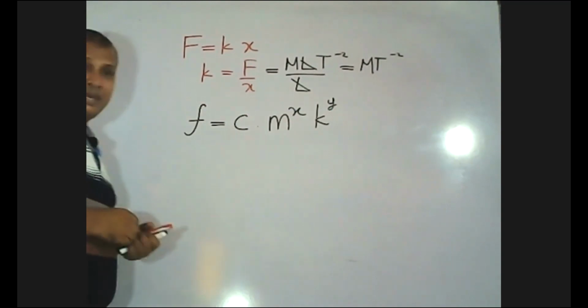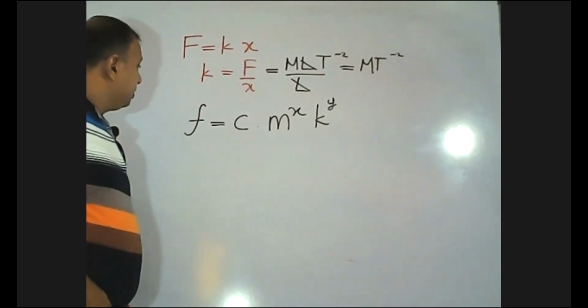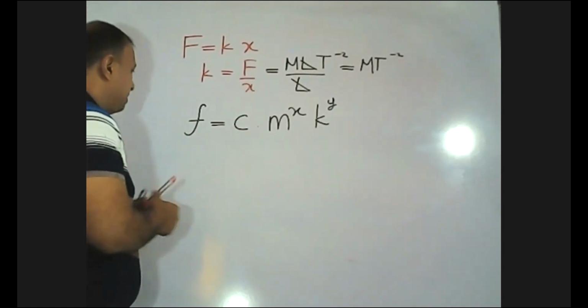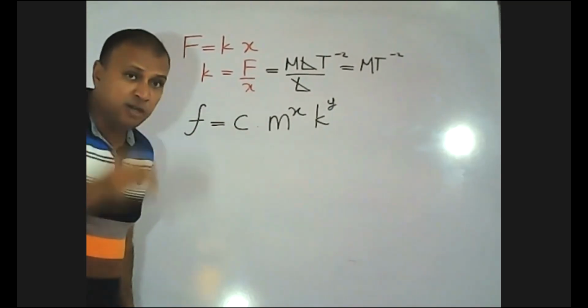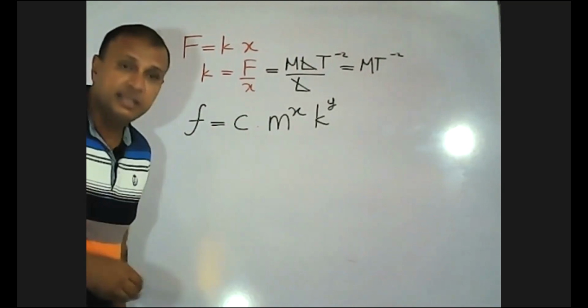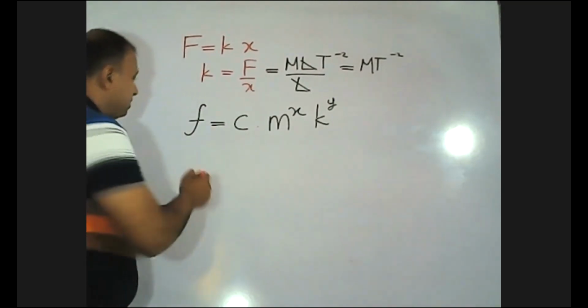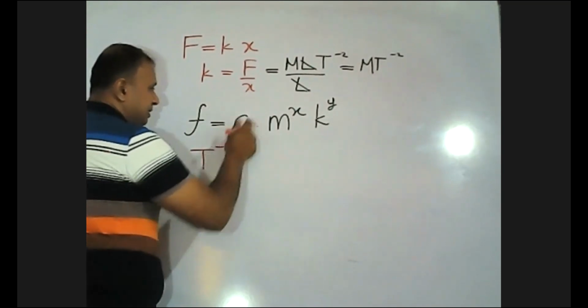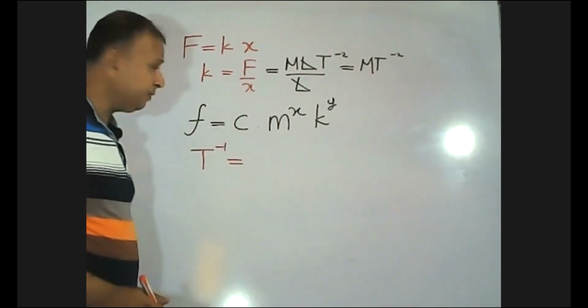Now we can substitute dimensional formulas here. Frequency. What is the dimension of frequency? It is t minus 1, no? C doesn't have dimension, so I don't want to write that one.